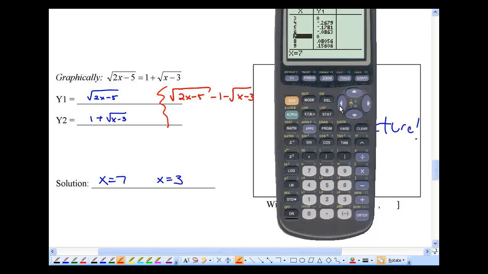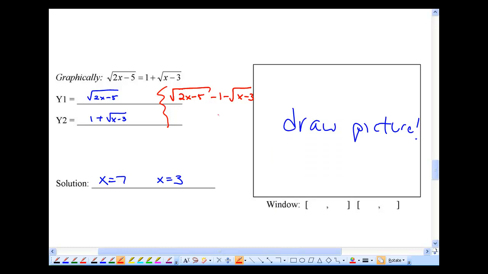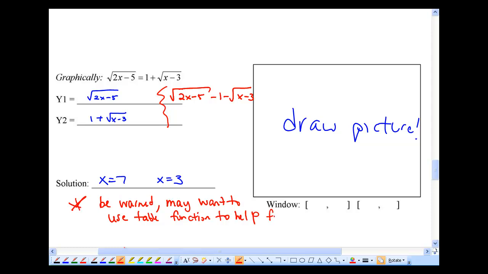Okay, either or. I think both these equations are fine, but in this case, be warned. You may want to use the table function to help find answers.